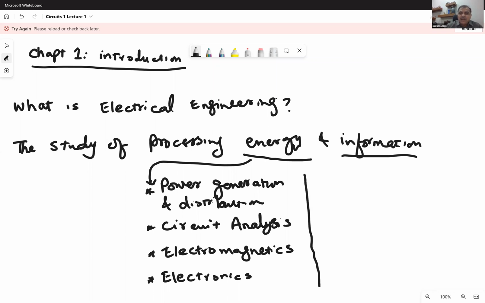The other area, of course, is computers. Your ones and zeros, as you have seen in the previous digital logic design course, where we are processing information.